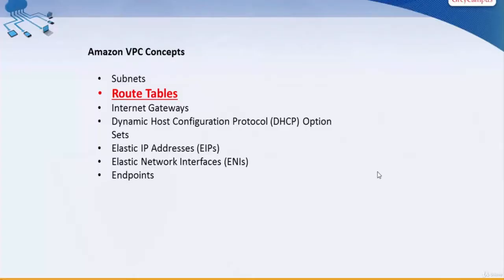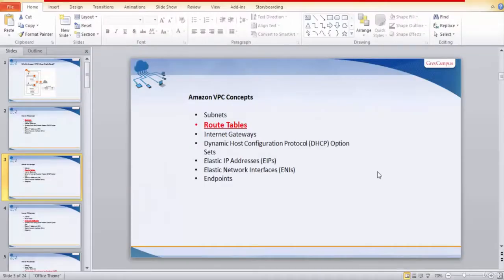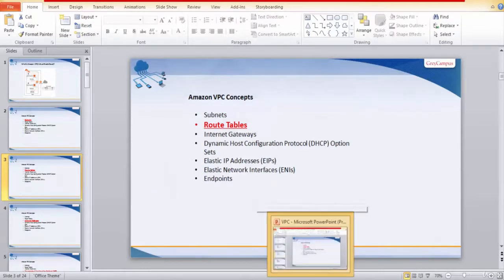Let's talk about route tables. Route tables are a set of rules. They're called routes, and they determine where the network traffic is directed.